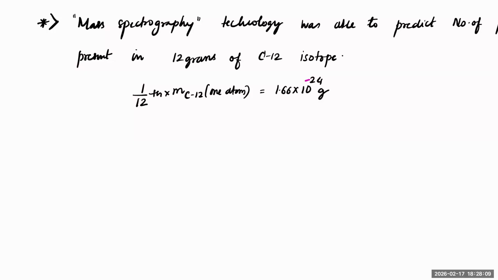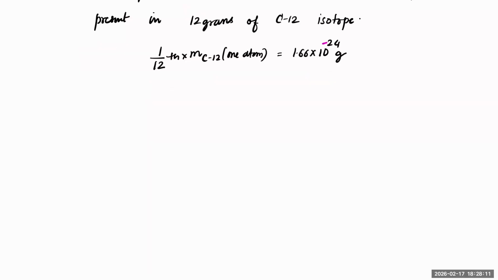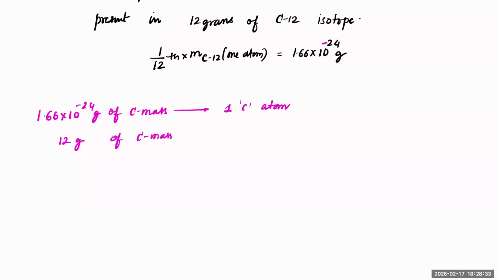Now, can I say that 1.66 into 10 raised to the power of minus 24 grams of carbon mass implies one carbon atom? In that case, if you have 12 grams of carbon mass, then how many carbon atoms should it have?